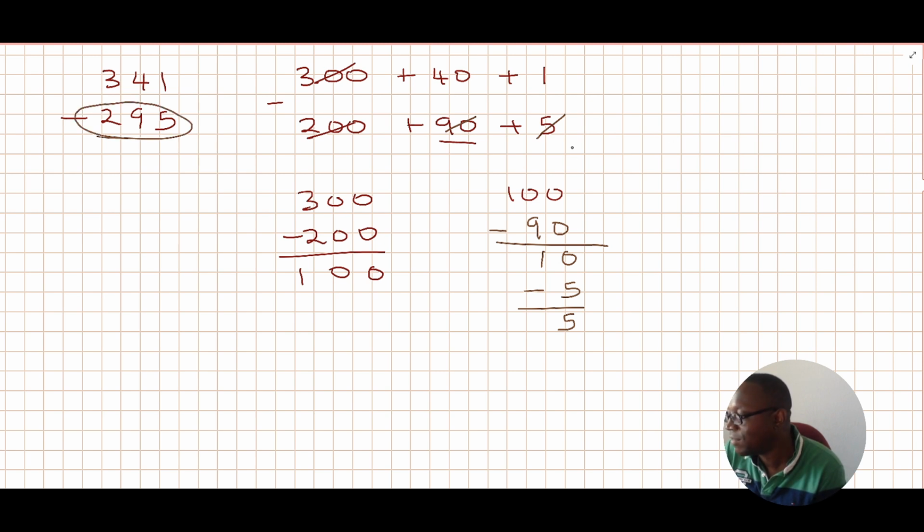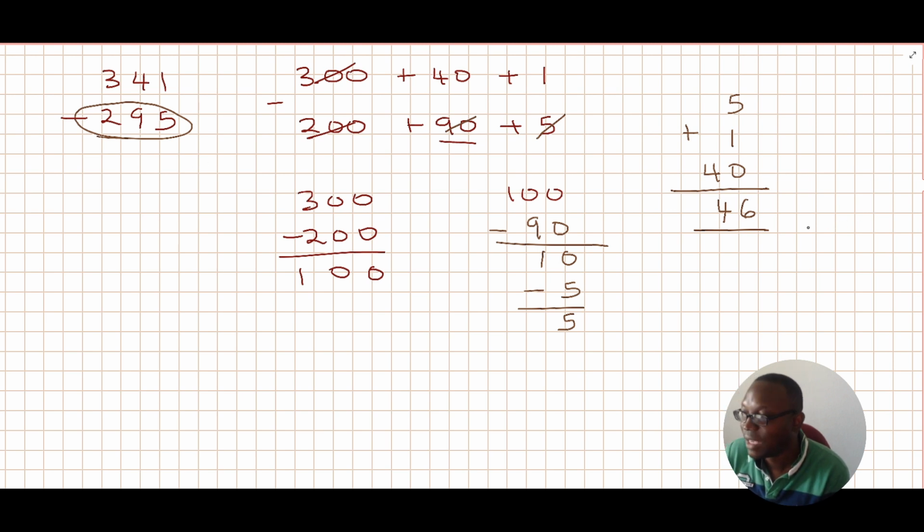So what do we have left? We have 5, we have 1, and then we have 40. And then we add all these numbers together: 5 plus 1 is 6, 6 plus 0 is 6, and then you add 40 plus 1 plus 5, that's 46.